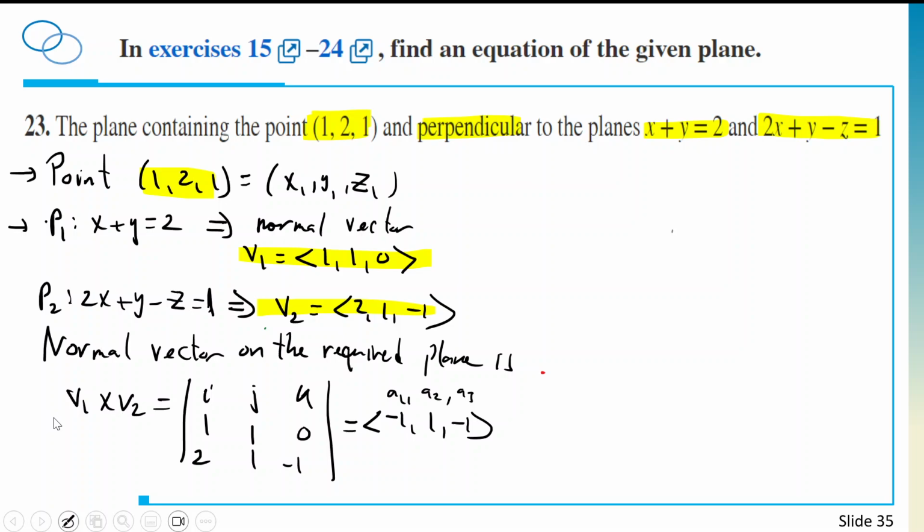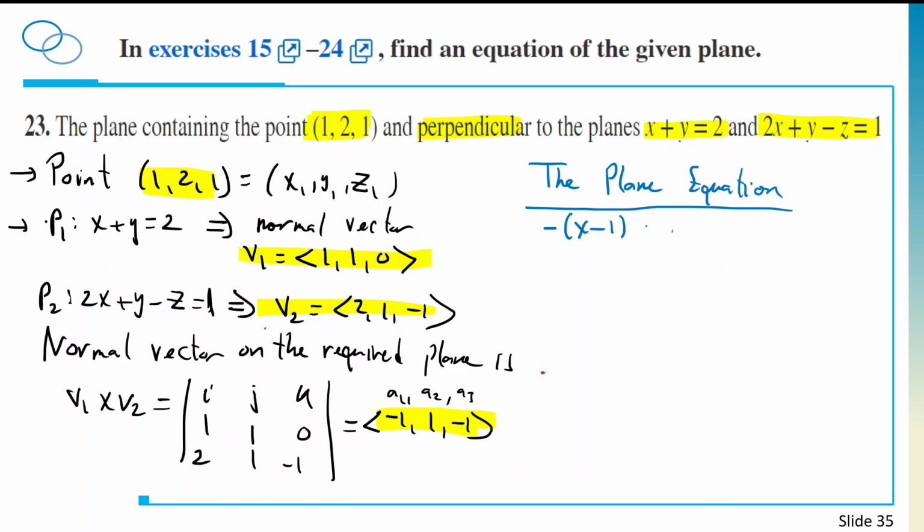So now what do we have? We have the point and we have the normal vector. So what's left is only to find the equation of the plane. So the plane equation is negative 1 times x minus 1 plus 1 only, y minus 2 minus 1 again z minus 1 equals to 0.